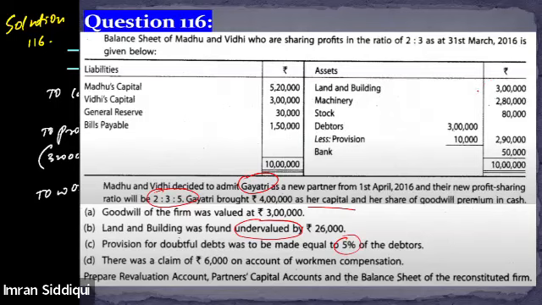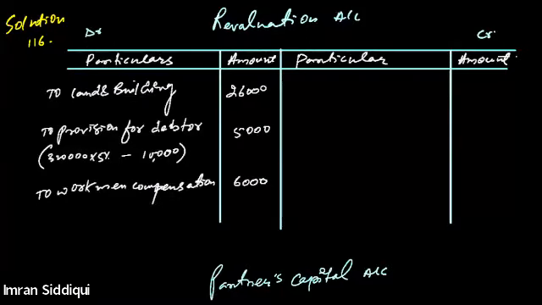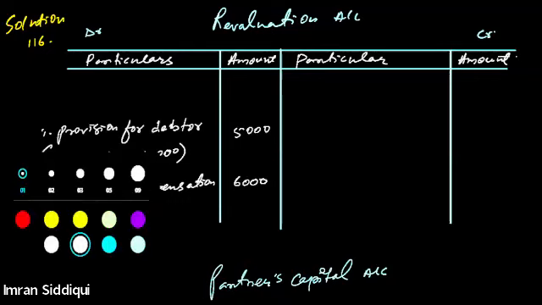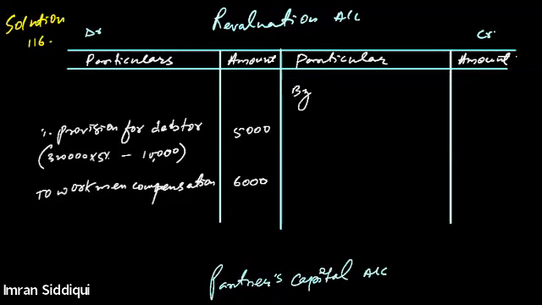But we have undervalued it by 26,000. That means the land and building must be increased by 26,000. All right. So let's remove it from here and write it on the other side. We'll write down by land and building. I'm sorry, guys. Land and building.